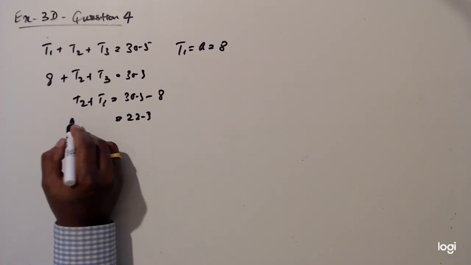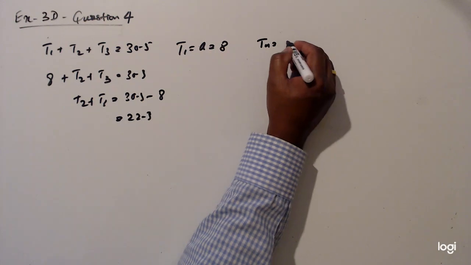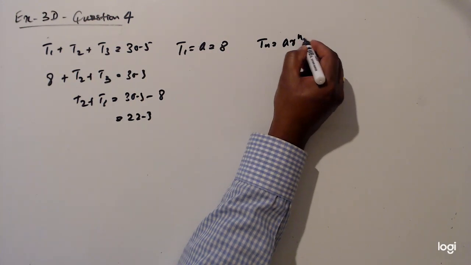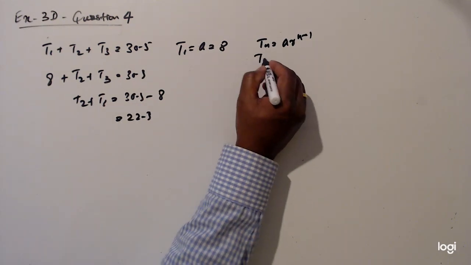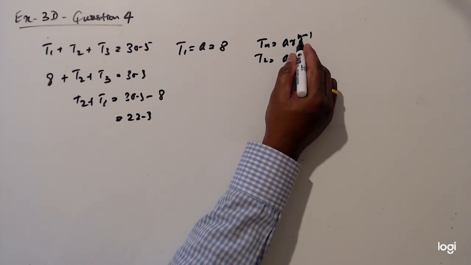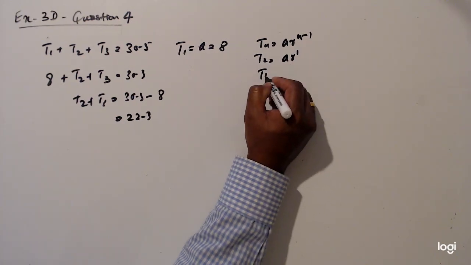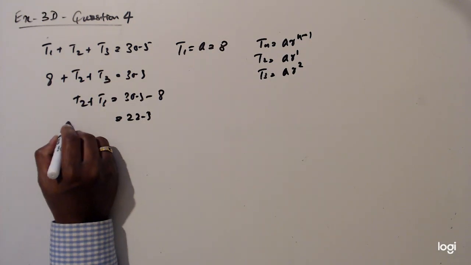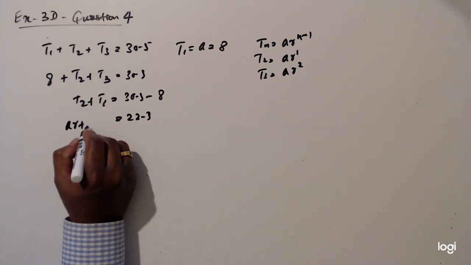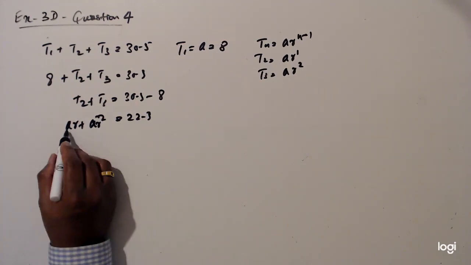T2 means, we know that Tn means A R^(n minus 1). So likewise we can write T2 is A R^(2 minus 1), which is AR, and T3 we can write A R^(3 minus 1), which is AR squared.